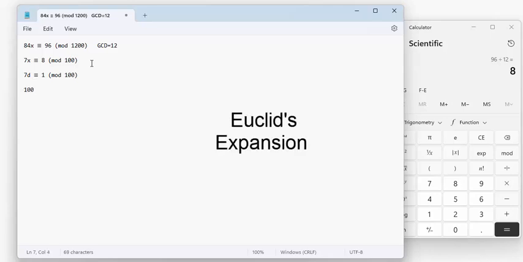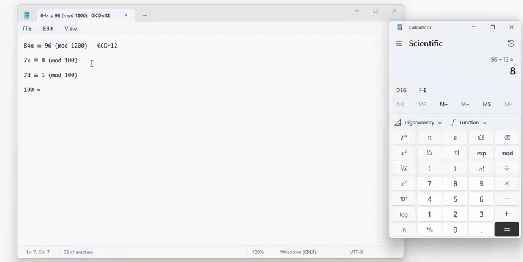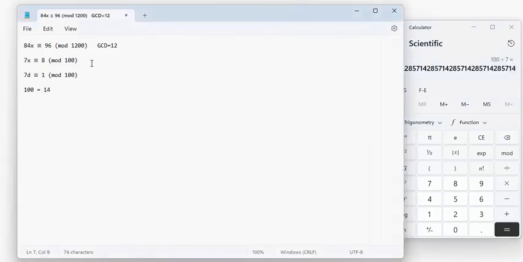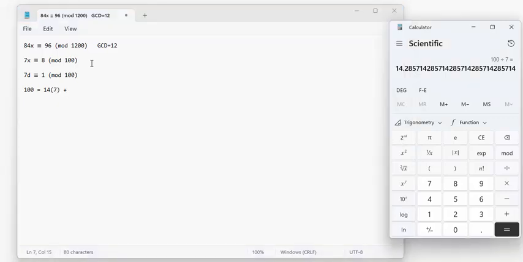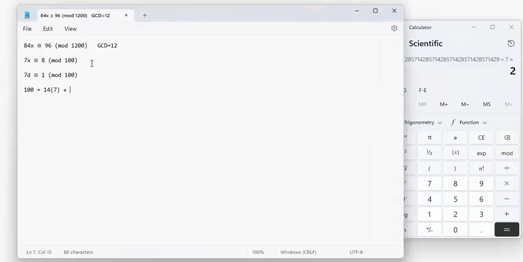Alright, so we use Euclid's algorithm decomposition. We get 100 equal to some multiplication of 7, which is 100 divided by 7, which is 14. 14 multiplied by 7, so we get a remainder of 2.